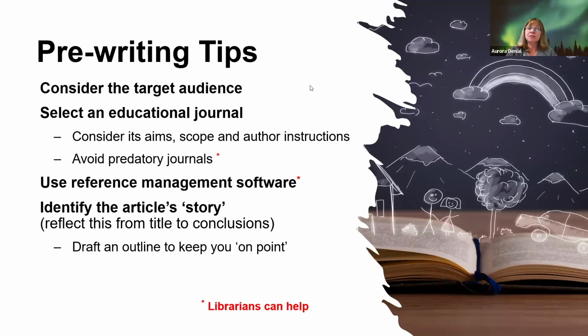Couple of other things. Consider the target audience. This is important. Who do you want to reach? I remember at one point in my career in writing, I had a choice between optometric education, where I knew my colleagues would receive the information that I had written, versus a journal I think was called The Teaching Professor or something, which I didn't think my colleagues would actually encounter, but I knew other people in other disciplines would.